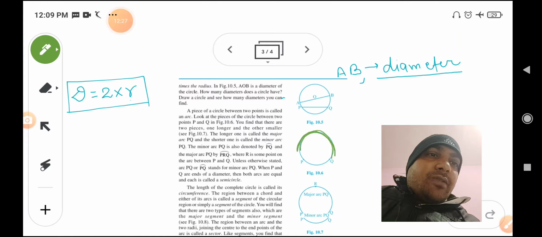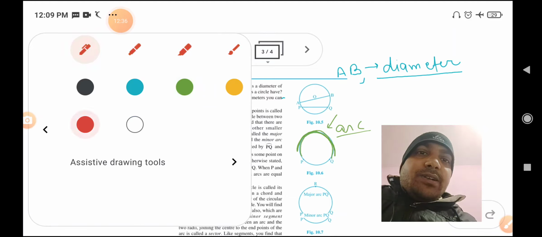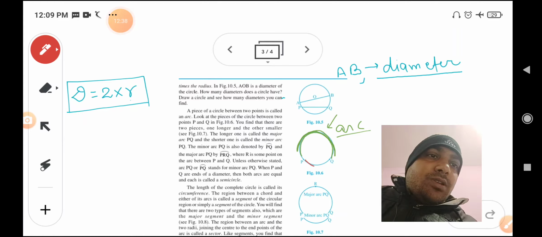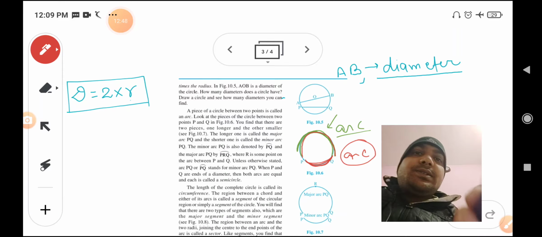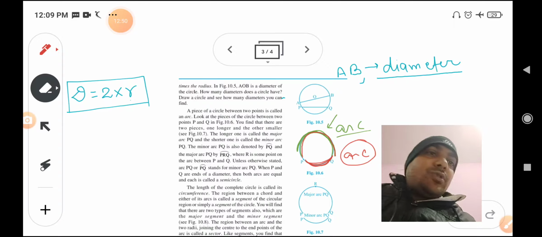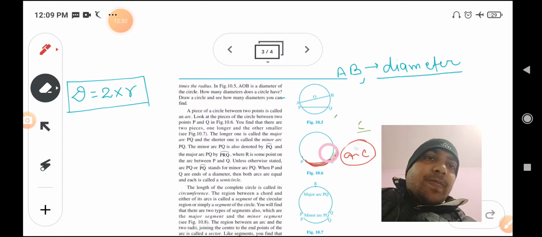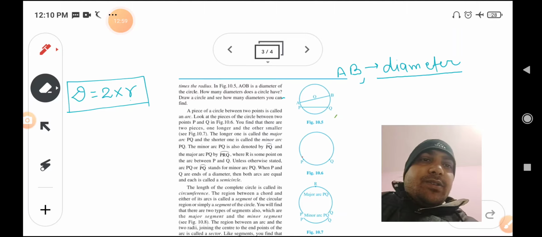So the piece of circle between 2 points is called arc. So this one is also arc, and if we take the lower one, this will also become arc. Is it clear to everyone? Okay, very good. So a piece of circle between any 2 points is called arc, right? Okay.